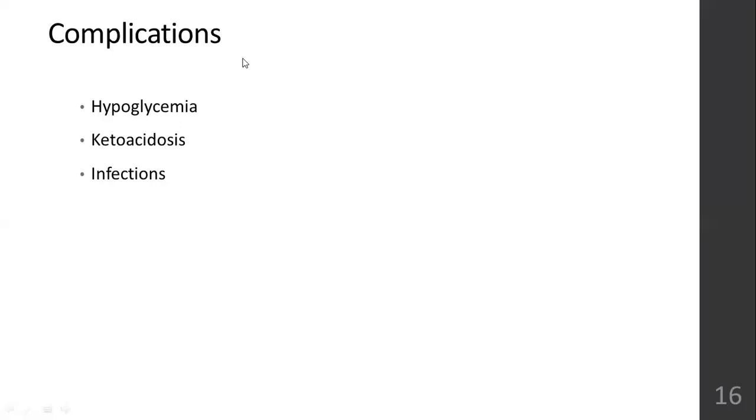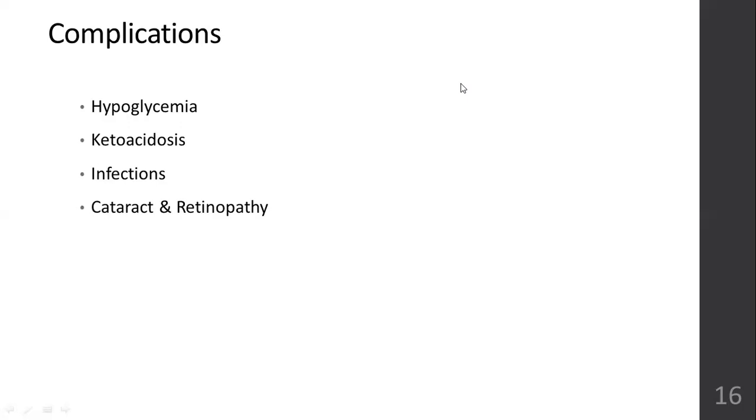So infections: when the blood glucose levels are chronically high, it's difficult for your immunity to deal with infections. Cataract and retinopathy: slowly, when the blood glucose levels are high, it is inflammatory in nature, and inflammation will eat up the healthy cells.